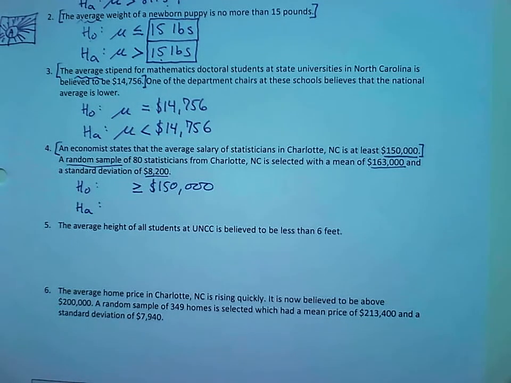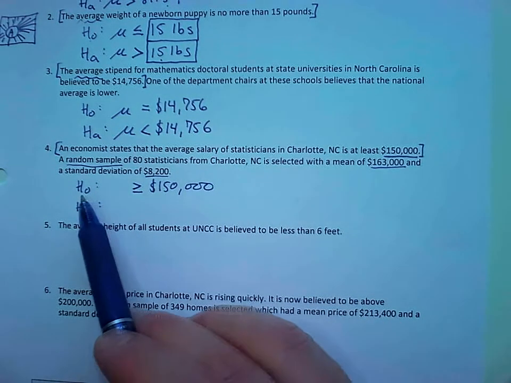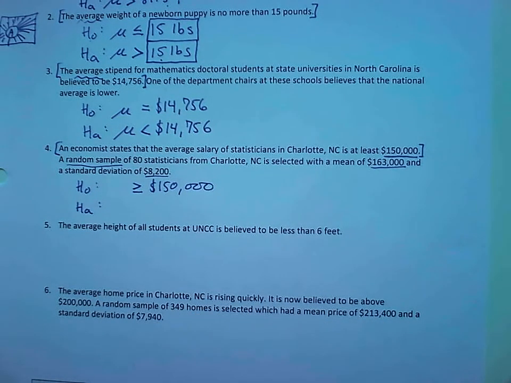The second sentence is giving us other information that we do not need to write our hypothesis. So therefore, all of the information that we're given, we only have our null hypothesis. If we only have a null hypothesis and we're not given the alternative hypothesis, what do we use to write the alternative hypothesis?